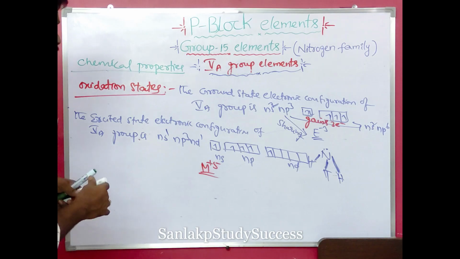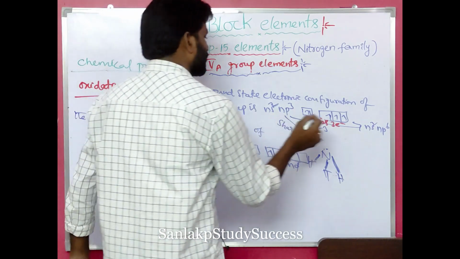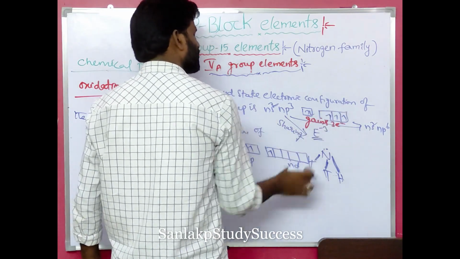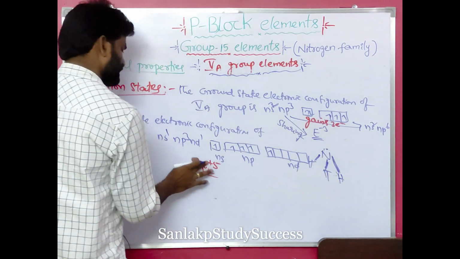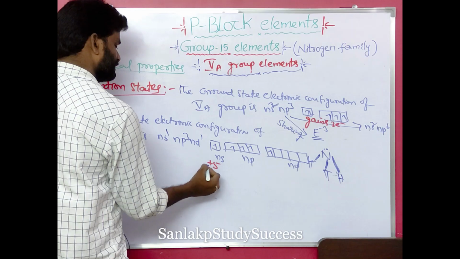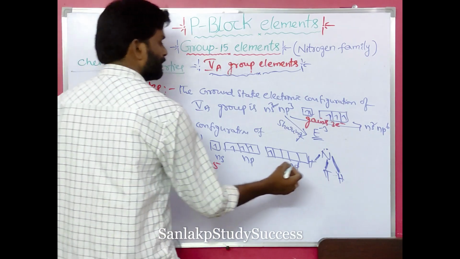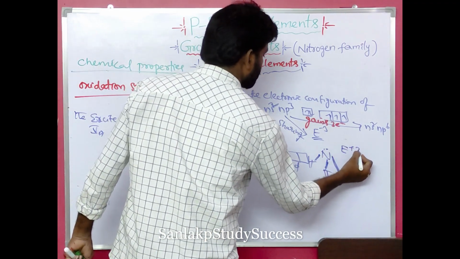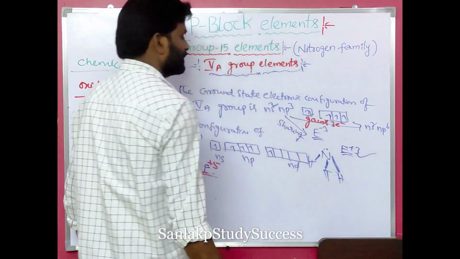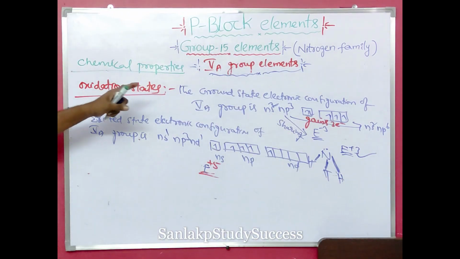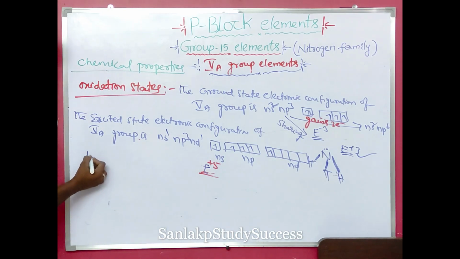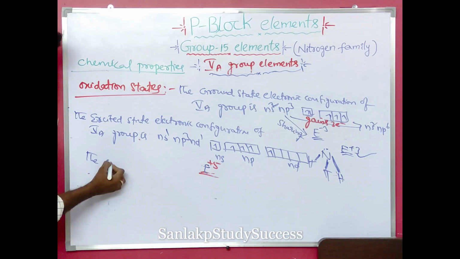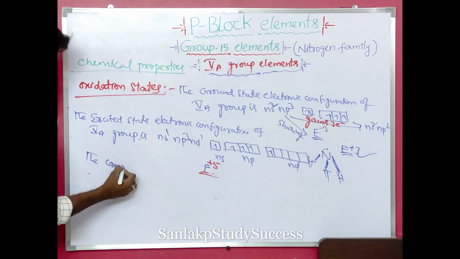In the ground state it contains 3 single electrons. If it loses them, that gives a +3 oxidation state. So these elements can show -3, +3 and +5 oxidation states.